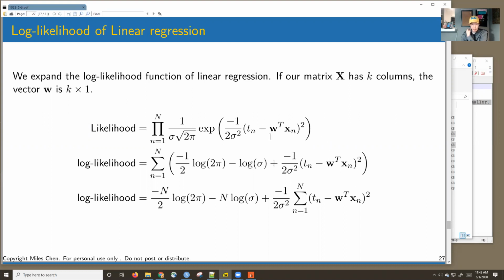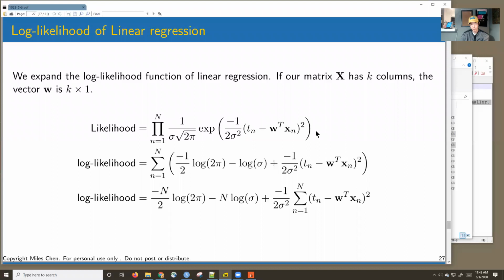Again, t is our random variable. The mean for each observation t is going to be w transpose x sub n, and sigma squared is also fixed. These are fixed values, and our random variable is t sub n. So this is our likelihood function.